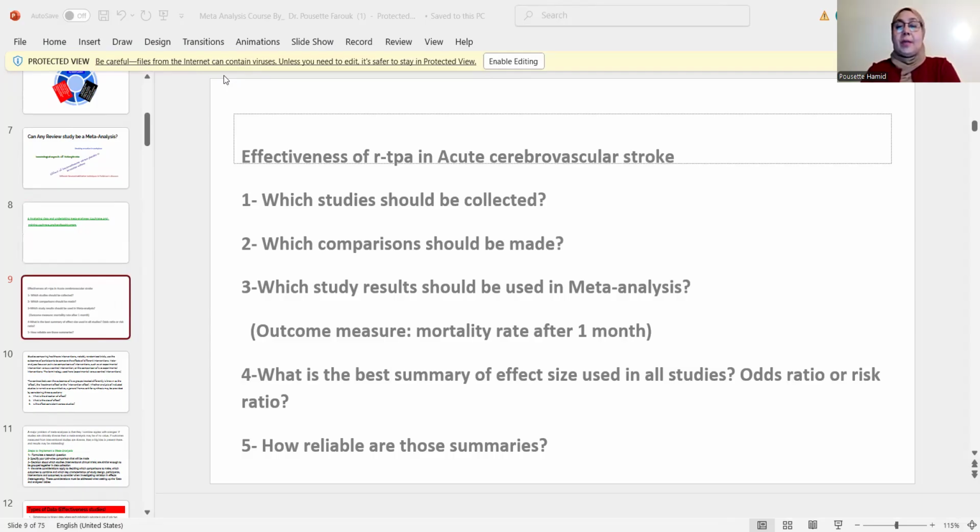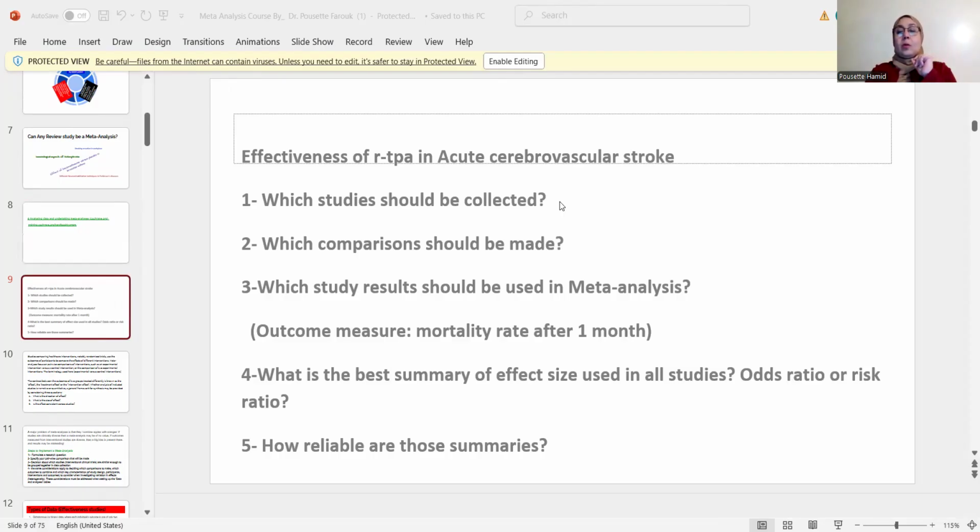So this will be my choice. Only RCTs. Yes, Rashida, you are right. So studies will be RCTs, peer-reviewed, published, completed, in English language, recent, relevant, in the last 5 years.